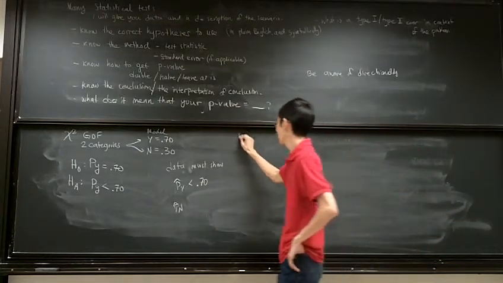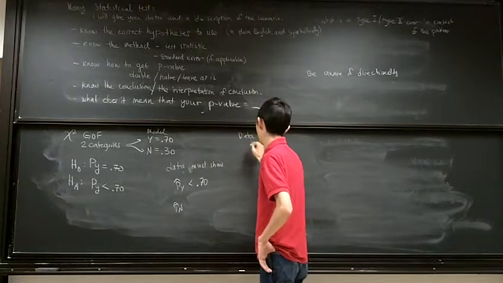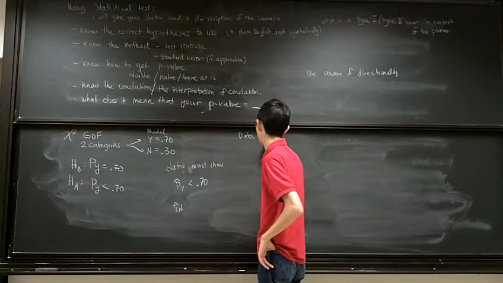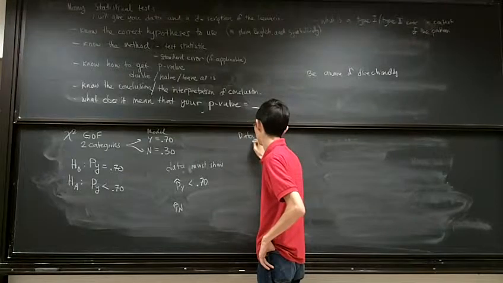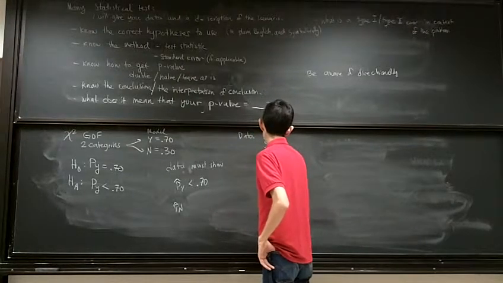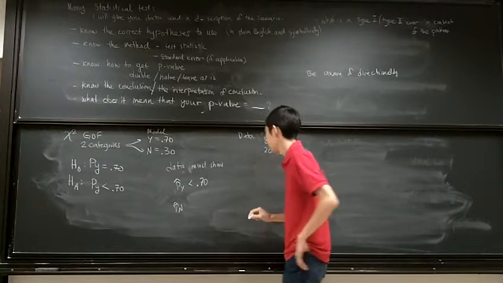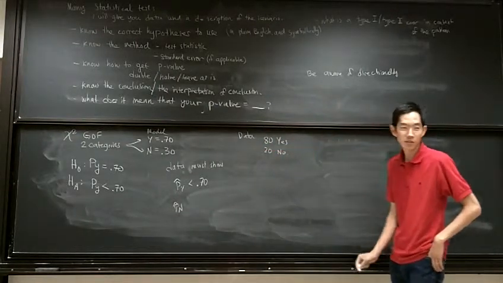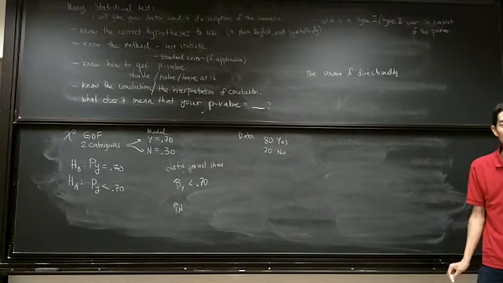So let's say your data was 80 yes, 20 no. Is directionality met?